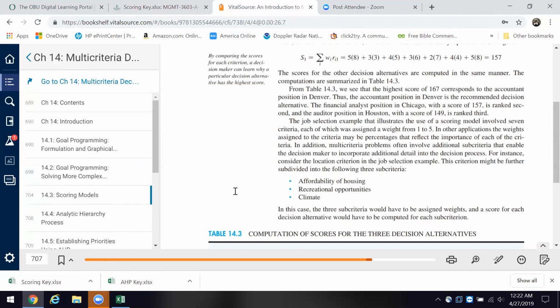So that'll do it, folks. We put our feet in the water a little bit with multi-criteria decision-making models using the scoring model. The nice thing about this is it's a template. You take a decision where you have multiple criteria, develop your weights, calculate the weights, and determine what would be your best choice.